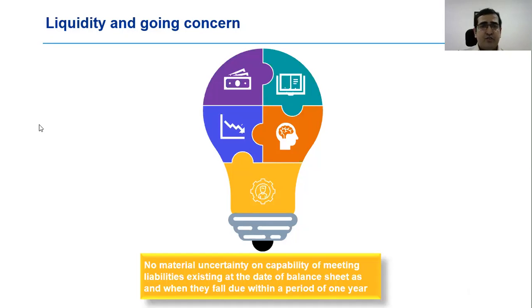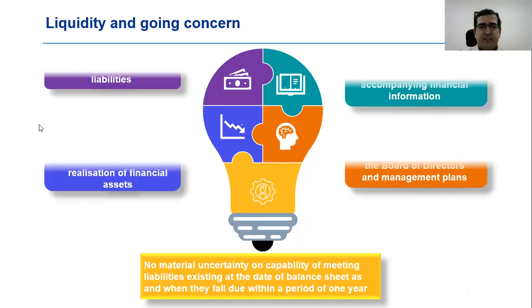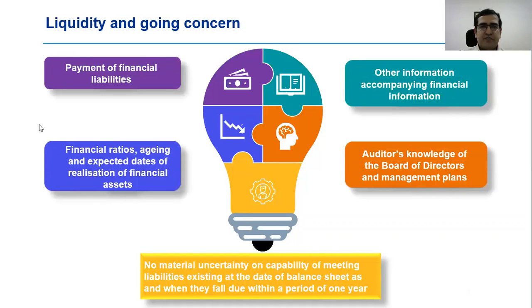The auditor needs to look at the other information that is accompanying the financial statements. So for example, the MD&A and those reports could also provide a lot of inputs to the auditors. So as an auditor, what you would do is look at what are the financial liabilities that are due, look at the aging and the expected dates of realization of the financial assets.